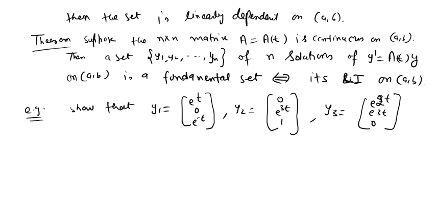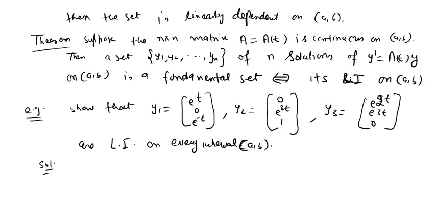So we have three vectors, and we show that they are linearly independent on every interval a b, so there is no restriction on that interval.